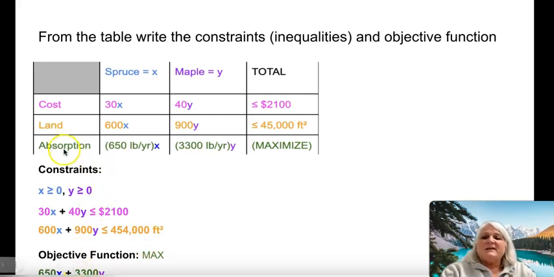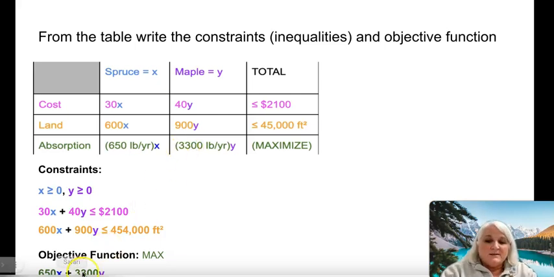My objective function comes from the question. It asks me, how do I maximize carbon dioxide absorption? And it gave me that a spruce tree absorbs 650 pounds per year of carbon dioxide. So I have 650X plus the maple tree is 3,300 pounds per year of carbon dioxide that it absorbs.